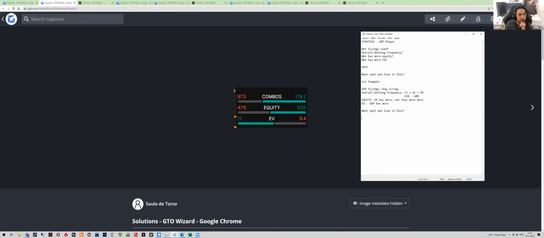Vitaly said single raised pot turn after overbet flop. Nice. Stewart said cutoff versus big blind, single raised pot maybe. But what line? You have to figure out the line as well, right? Casper said OP 3-bet pot, check, check, flop.